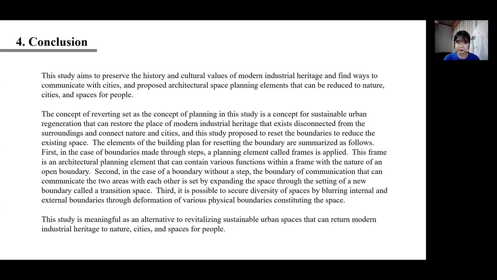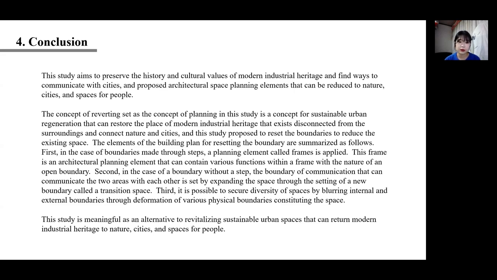The concept of reverting set as the concept of planning in this study is a concept for sustainable urban regeneration that can restore the place of modern industrial heritage that existed disconnected from the surroundings and connect nature and cities. And this study proposed to reset the boundaries to return the existing space. The elements of the building plan for resetting the boundary are summarized as follows.